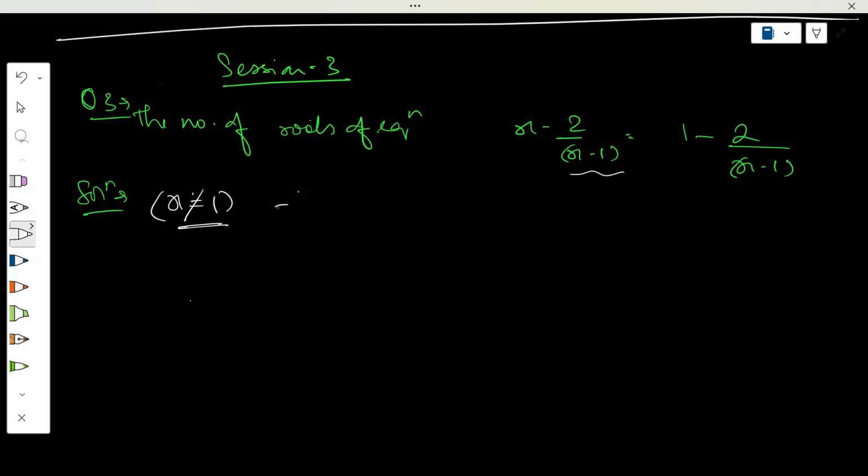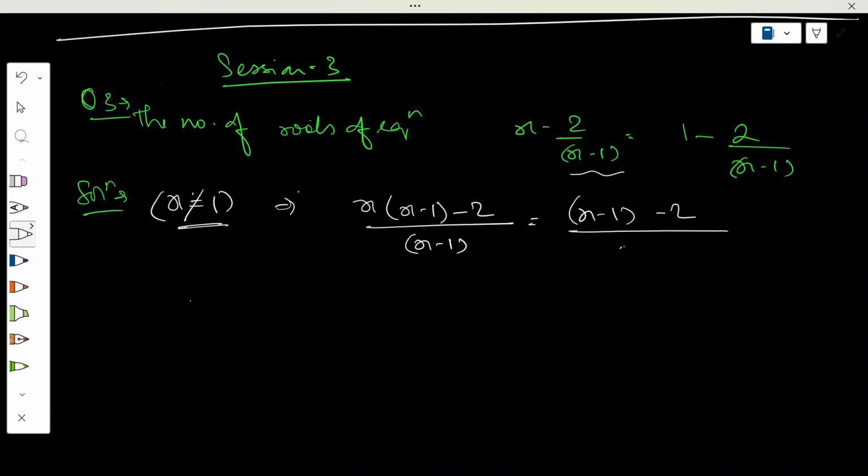That is why x cannot be equal to 1. So when x is not 1, we can simplify this as x times x minus 1 minus 2 divided by x minus 1, and here we have x minus 1 minus 2 divided by x minus 1. Since x cannot be 1, we can cancel x minus 1 from both sides.